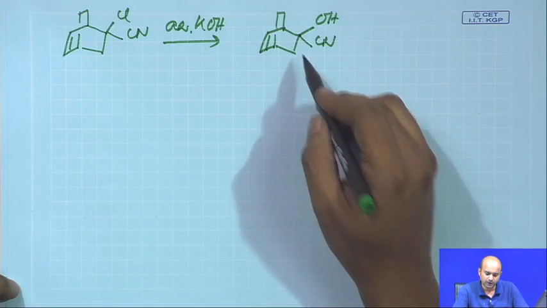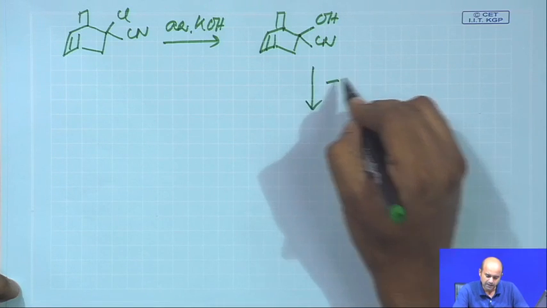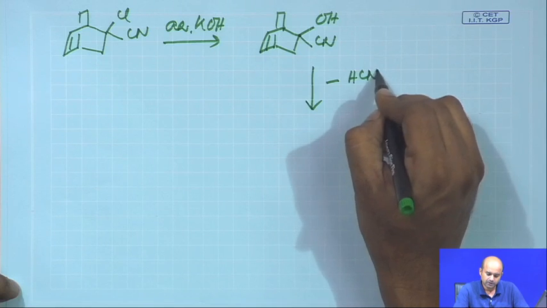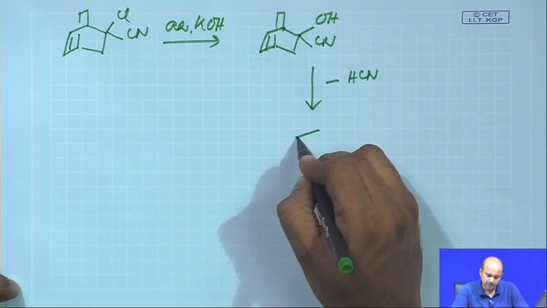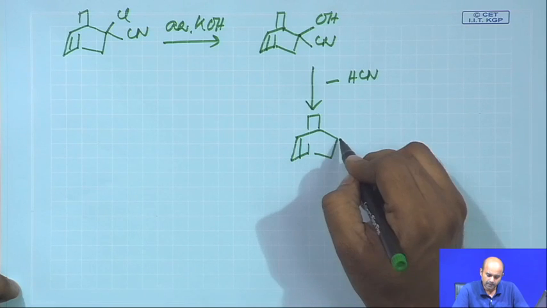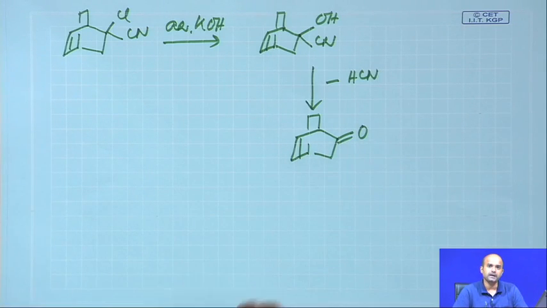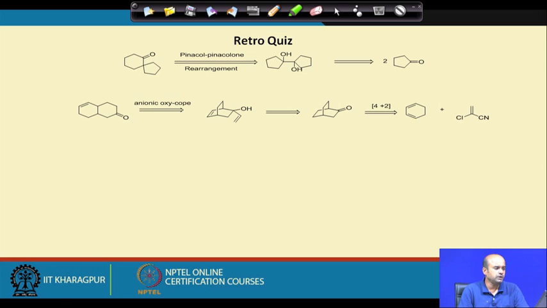Now, this compound is a cyanohydrin, which instantly releases HCN, because cyanohydrins are normally unstable, and finally, you will come back, or you can generate the parent ketone. So, this is the main way you can generate the parent ketone. So, what are the transformations we used here?